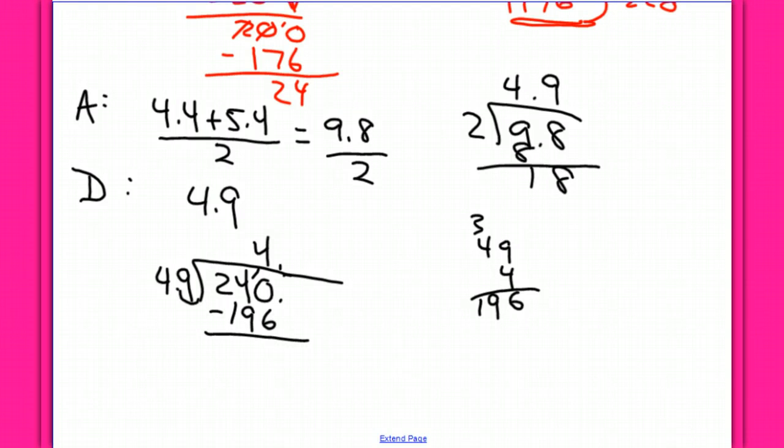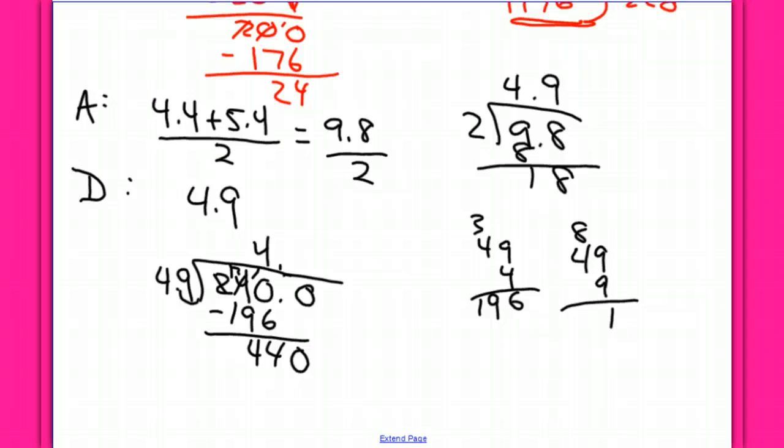Okay, we subtract. 10 minus 6 is 4, 13 minus 9 is 4, and we bring down a 0. And 49, can it go into 449 times? Let's see, 81. 4 times 9 is 36 plus 8 is 441. Wow, it's a little too much, just a hair too much.